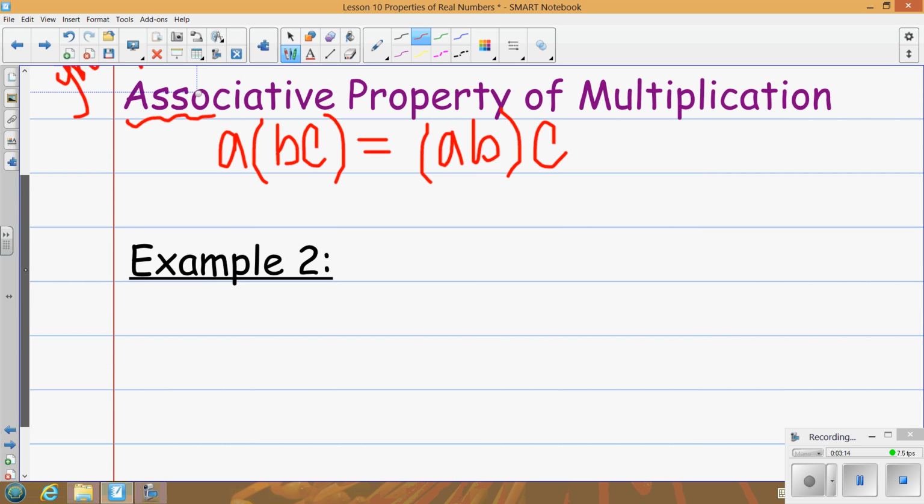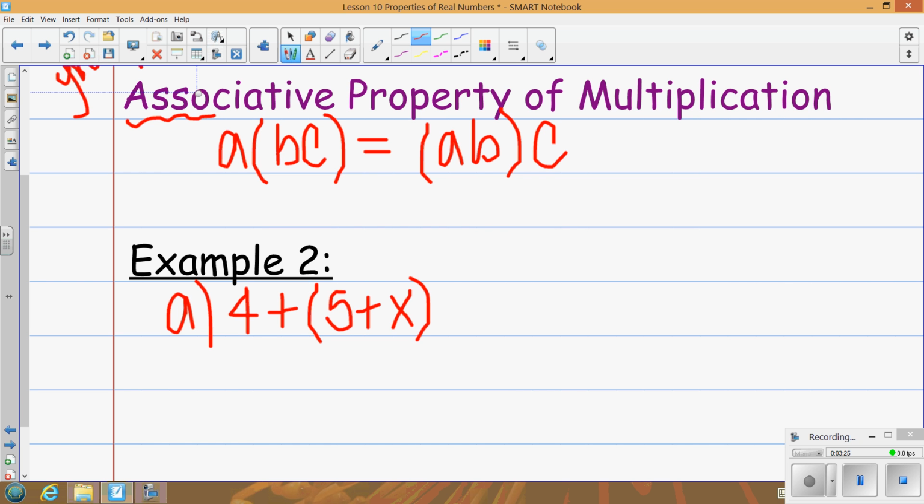So let's look at an example of this. Say I have 4 plus 5 plus x. What this is saying is add 5 plus x first, but we know that we can't add 5 and x because they're not like terms. But what I can do is change the grouping and what I'm going to add first by associative property.